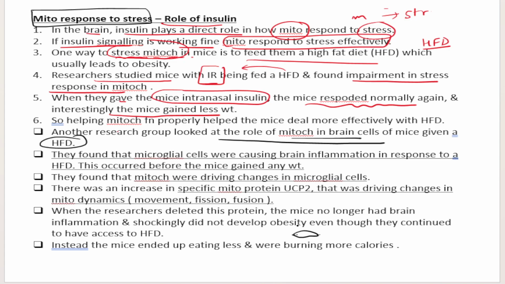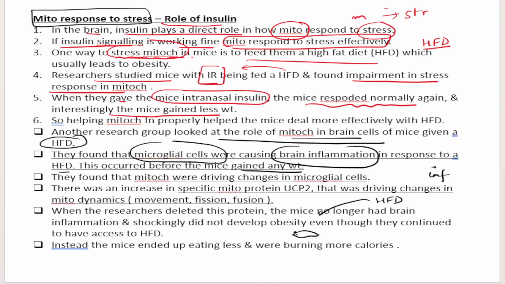They found that the microglial cells, which are the immune cells of the brain, were causing brain inflammation in response to the high fat diet. In the brain of the mice, the microglial cells caused inflammation, and this inflammation occurred even before the mice gained any weight.